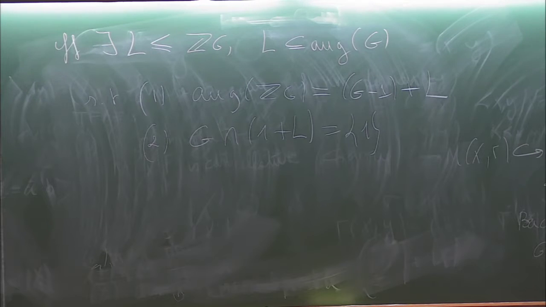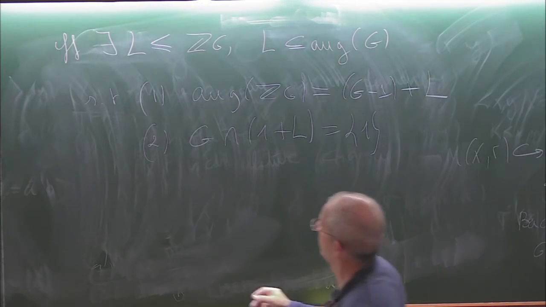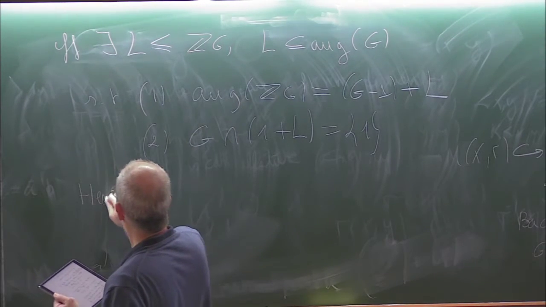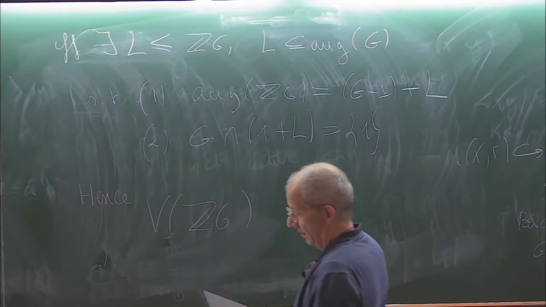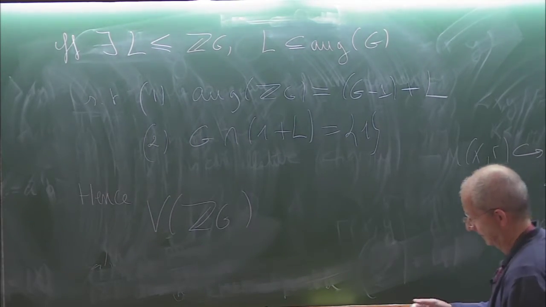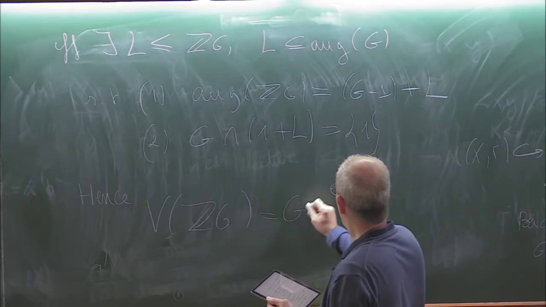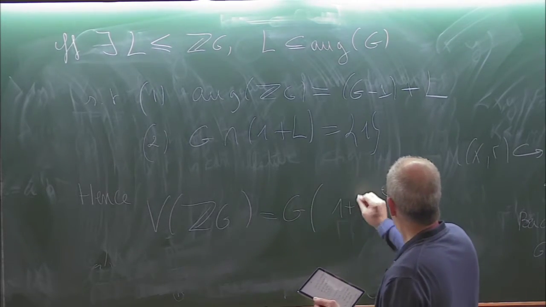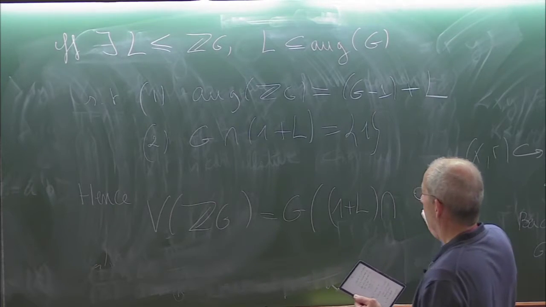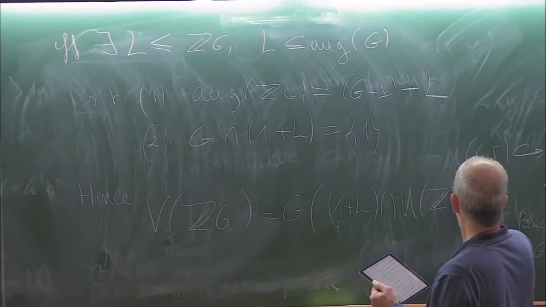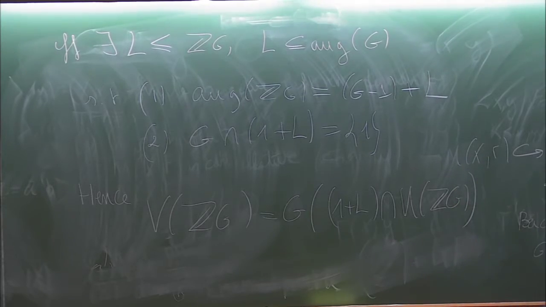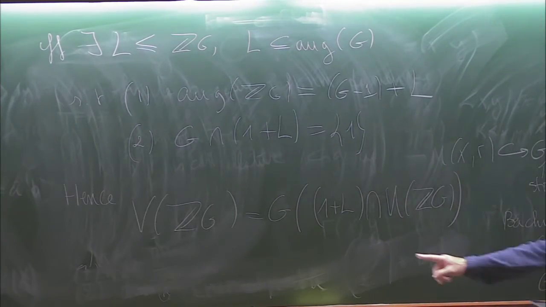Link this with the units, an easy exercise. Hence, in this case, if I look at the augmented units, this becomes G times (1 plus L) intersected with the units of G, and the intersection is trivial.